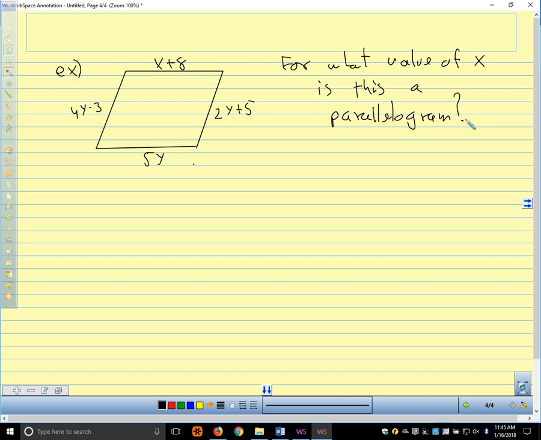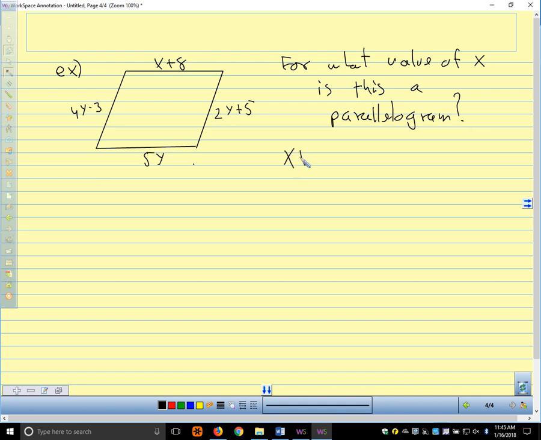So we ask ourselves, well, if we have a quadrilateral, what do we need to know about the sides for it to be a parallelogram? For this one, we know they have to be parallel, but the numbers there don't tell us anything about them being parallel. They tell us lengths. We know that we need two pairs of sides that are the same.